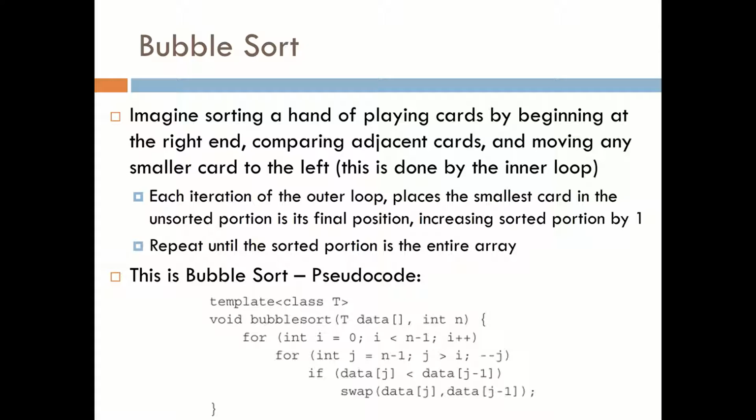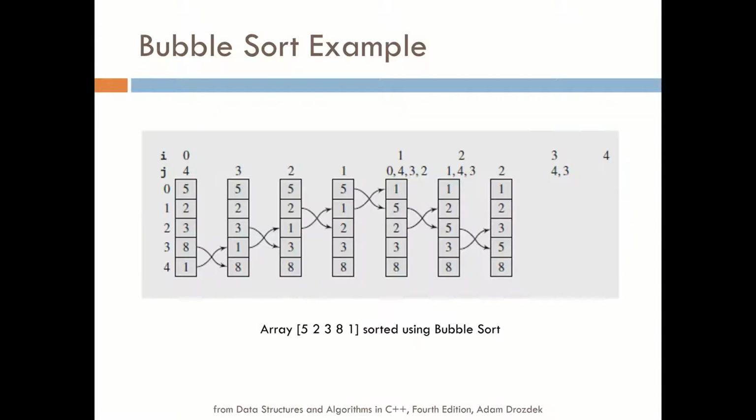The way we position cards is to move all the way to the end of the array and move back toward the sorted portion, which is gradually expanding as we go, and swap any data that we find, data j, to be less than data j minus 1. I'll show you what that looks like graphically, and that will make more sense. So we will just swap those two.